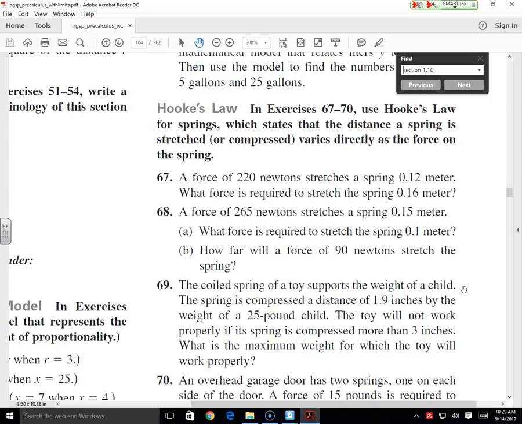The model for Hooke's law is distance varies directly as the stretch or compress, as the model is in the directions that you should have written. But to write the directions, couldn't you really just write a formula, and just call it Hooke's law and be super snazzy? Cool. Then you can use it in 67 and 68. Anyway, I want to show you guys that one.